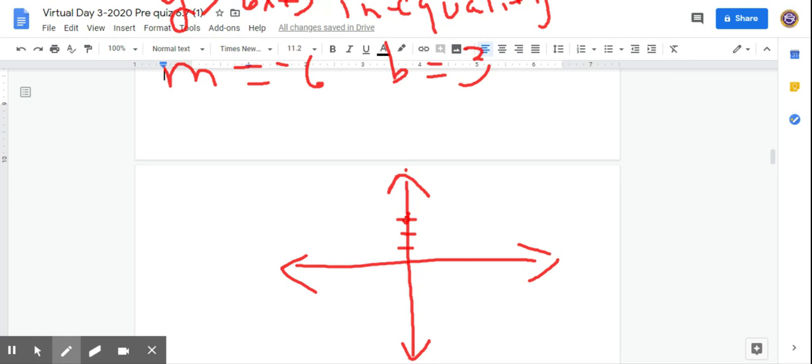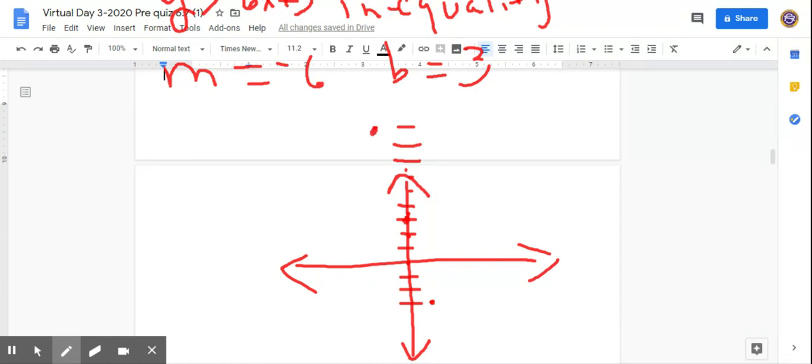Now slope is -6, so we're going to go down 1, 2, 3, 4, 5, 6, to the right 1. Now you can go up 6, okay? 1, 2, 3, 4, 5, 6, and left 1. Okay, so if your graph is big enough.